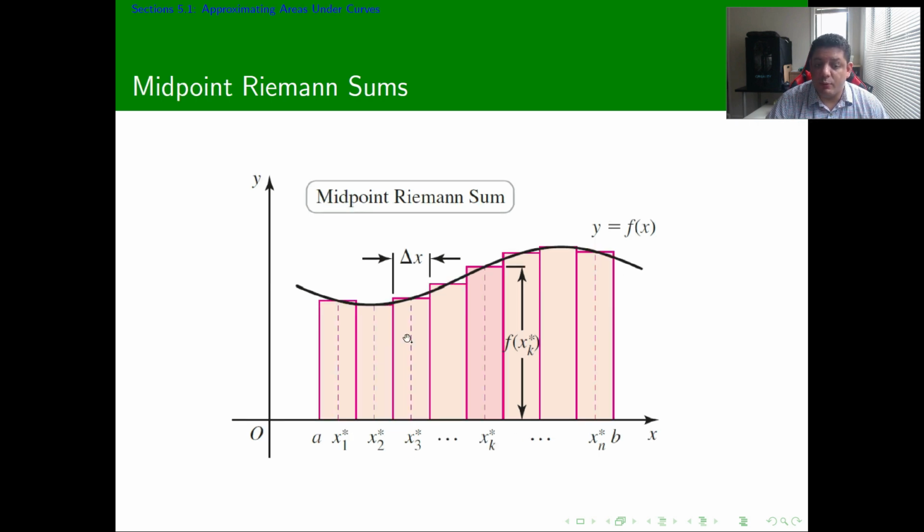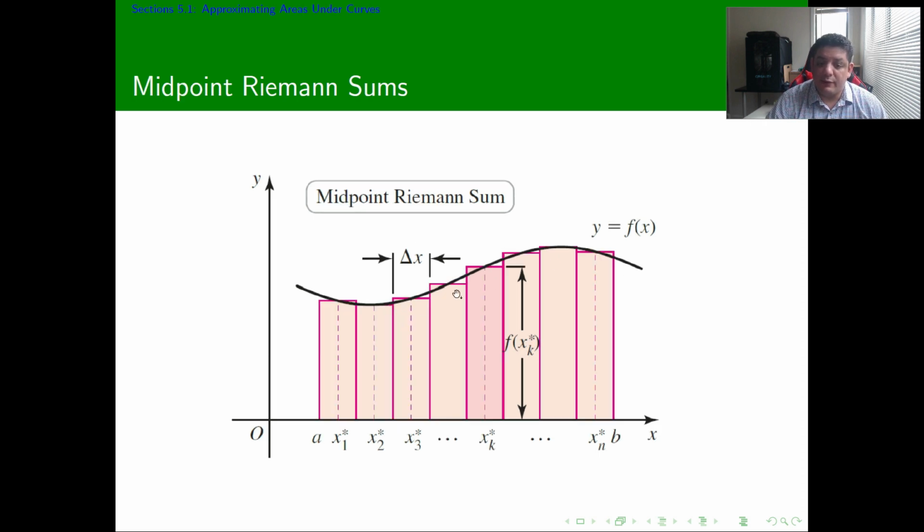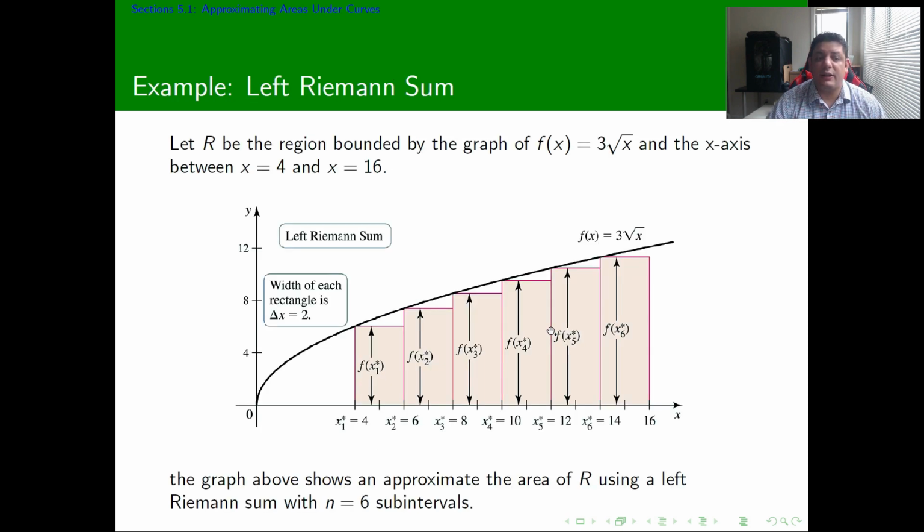Of course, we have one more case, which is where we take the middle to create the height of these subintervals. Depending on which one we take, the results are going to vary a little bit more or a little bit less, depending on the error that is produced for each of these approximations.